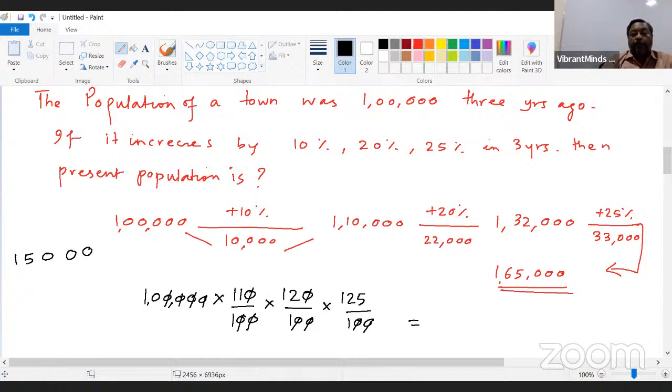Into 10, it will be 15,000, and multiplied by 11. 11 5s are 55, carry forward is 5. 11 1s are 11 and 5, 16. So you get your 1,65,000. Is it clear? So there are two methods. You can go both ways.